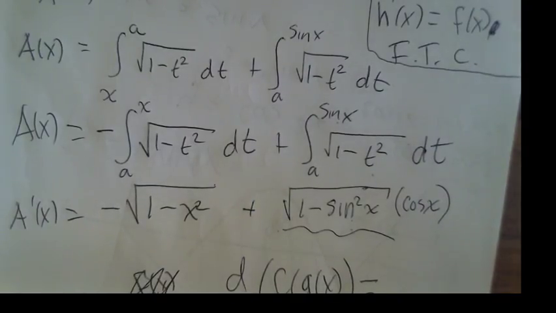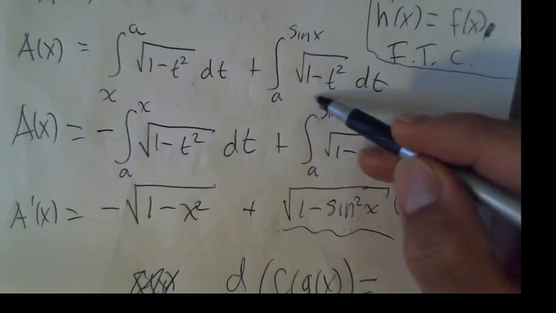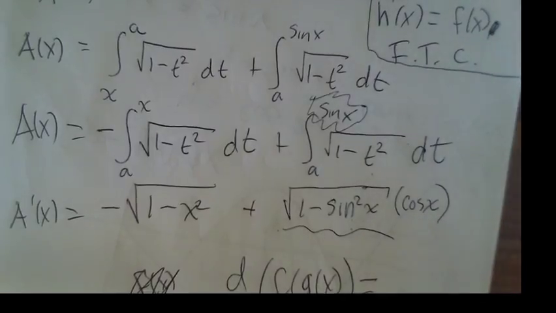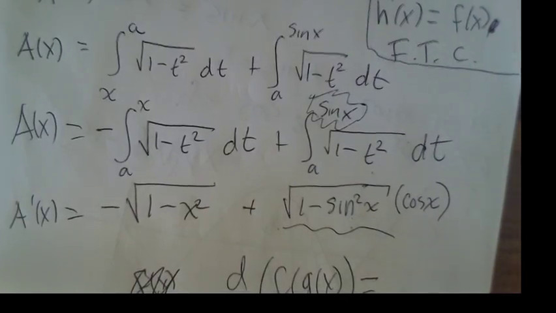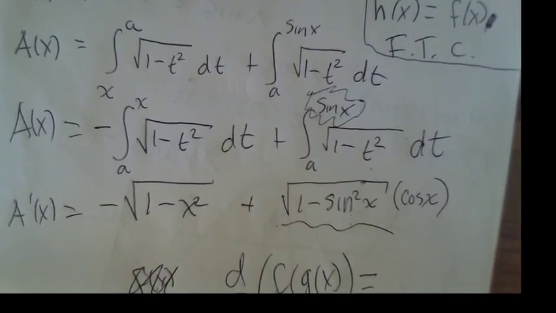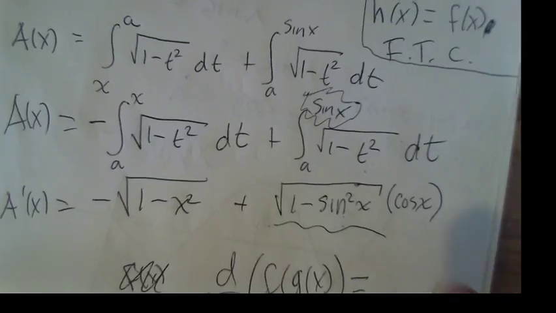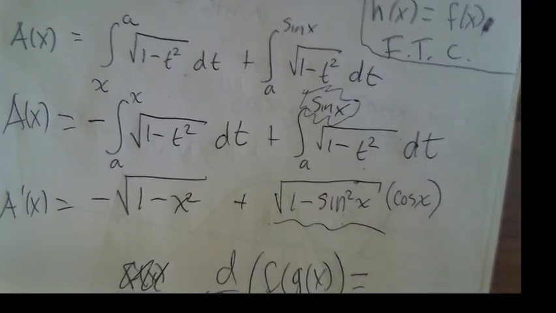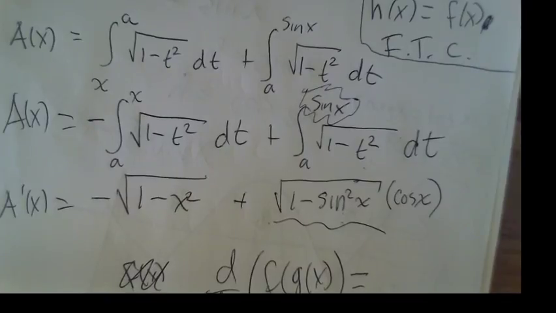Okay, so then the next step is now take the derivative of the inner function, and the inner function is sine of x. All right, so I'll take the derivative of that. All right, and derivative of sine of x is cosine of x, and that's where that one came from.